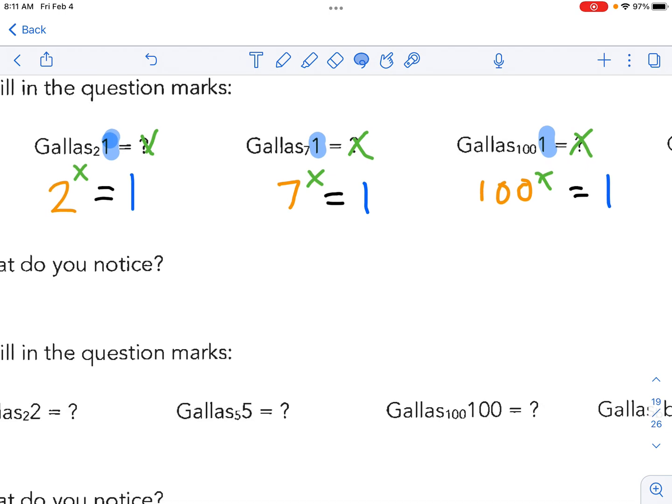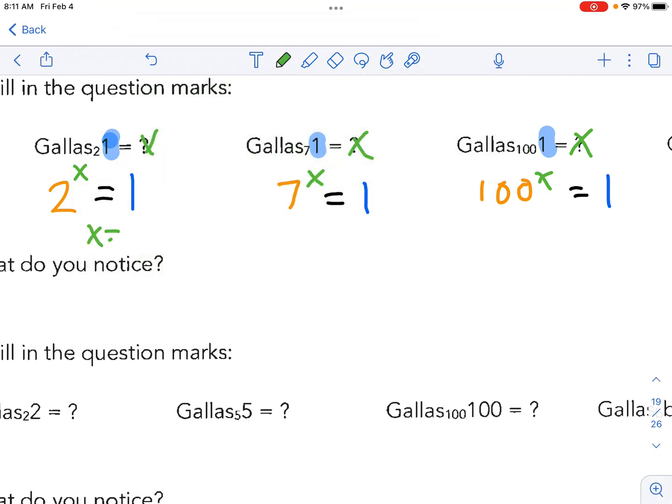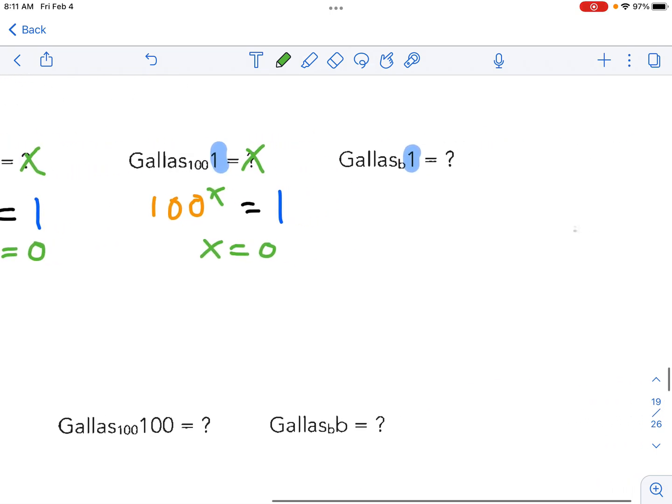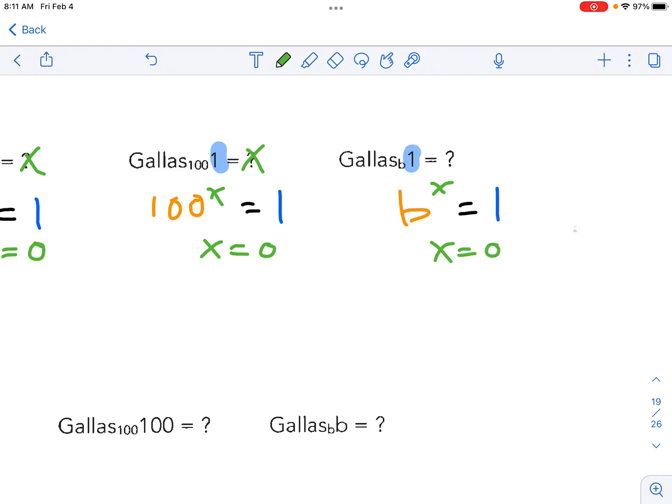So we know that whenever we take a number to a power and we get 1, the power is equal to 0 in each one of these, right? 2 to the 0 power is 1, and 7 to the 0 power is 1, and 100 to the 0 power is 1. So in general, if we take any base and we want to raise it to a power and end up with an answer of 1, we know that power is going to be 0.